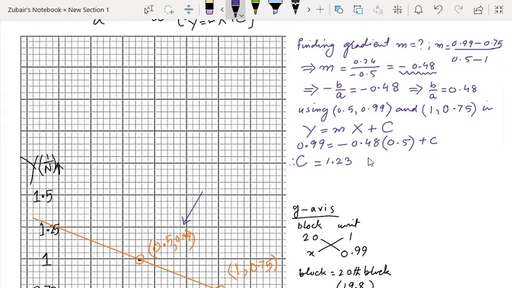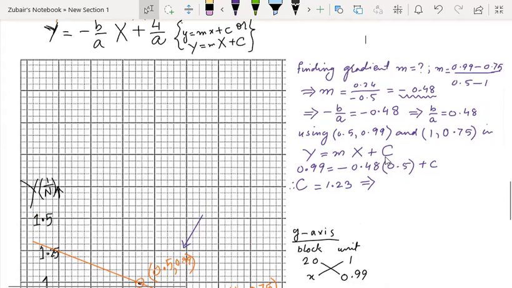1.23. This implies that the y-intercept, which was 4 upon a, you can see here, this one, 4 upon a.